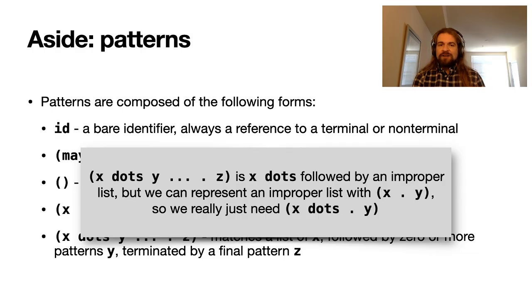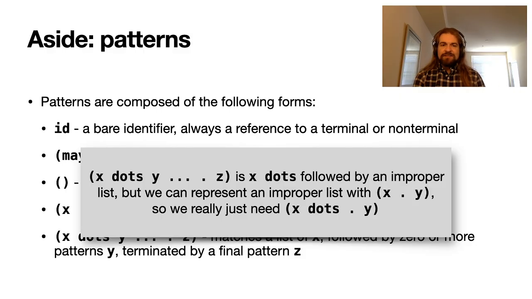One of the things I realized in looking at this, something I suspected but needed to test myself, was that because we have pairs in the language, we can already represent improper lists. And so really all we need is X dots and Y here, where dots is again our Scheme syntax which we use for ellipses.